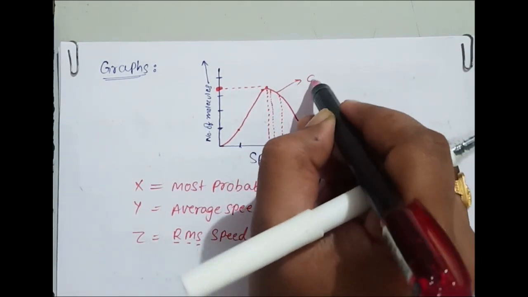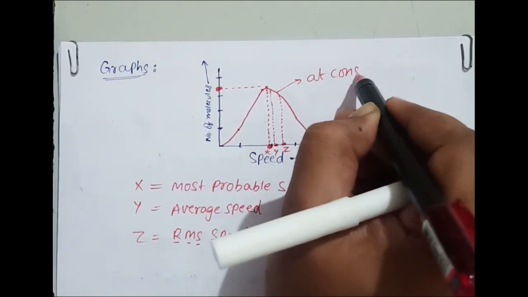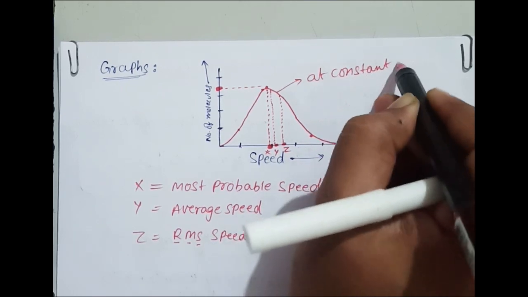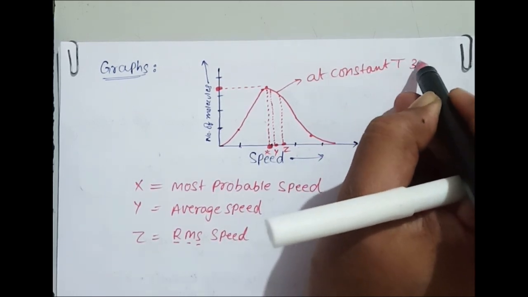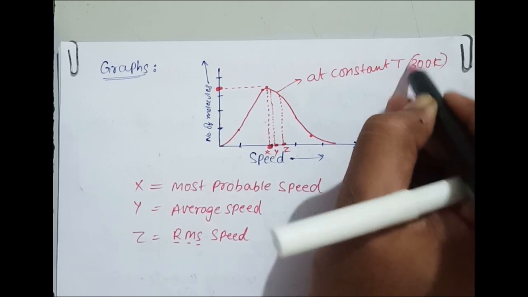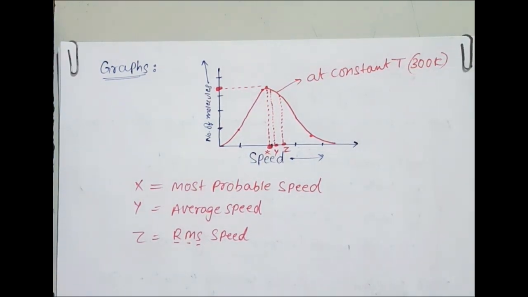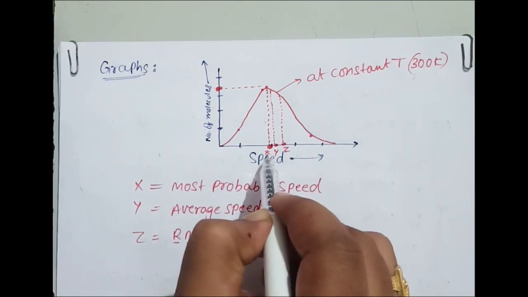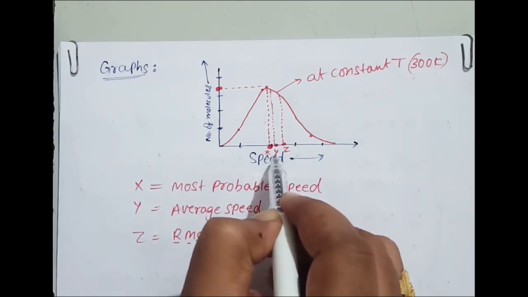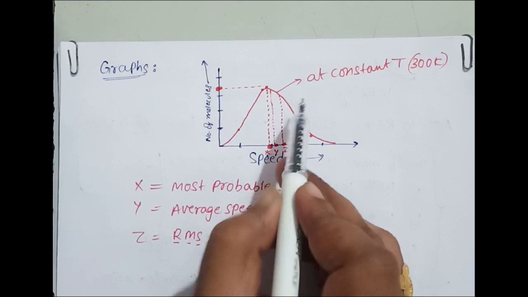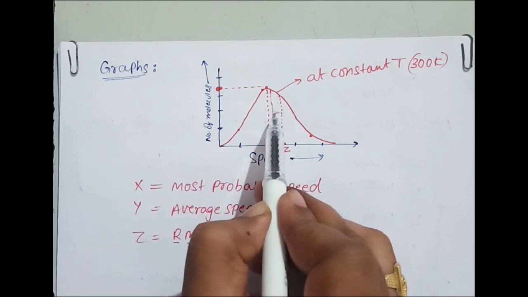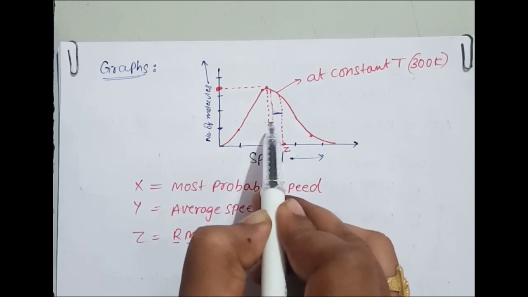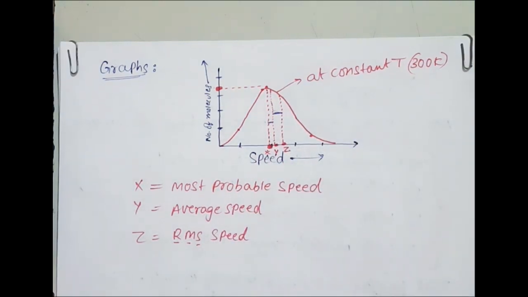This is drawn at constant temperature T, let us say 300 Kelvin or any other temperature. The first point is the most probable speed, the second point is the average speed, and the third one is the RMS speed. The gap is a little bit wider here, and here the gap is less. Why? That we will see now.